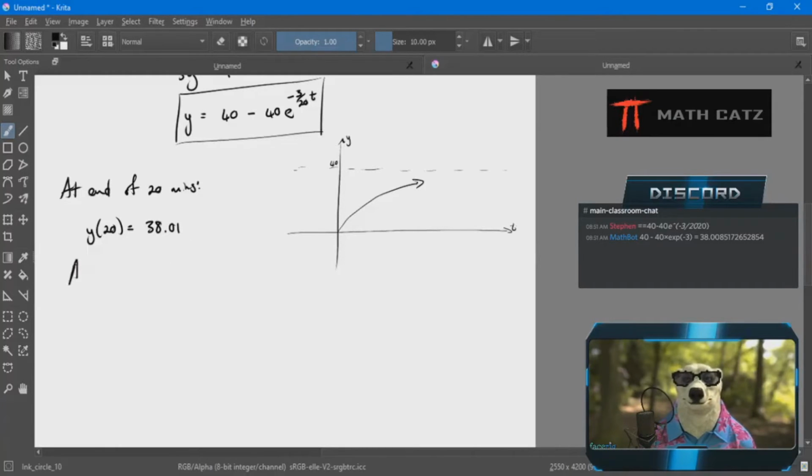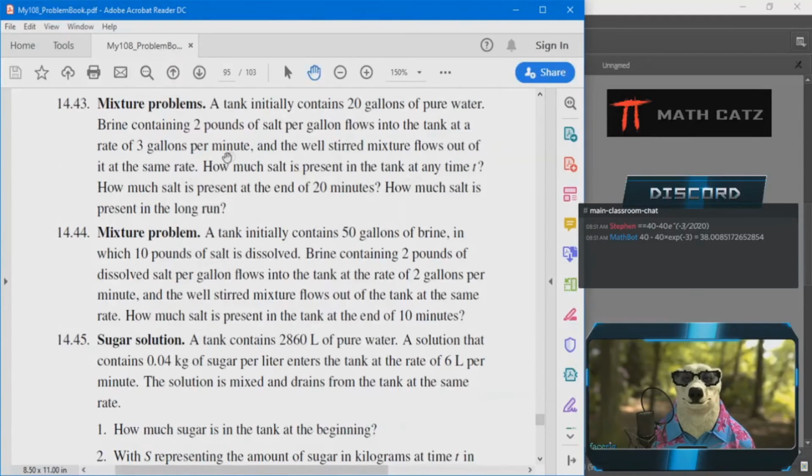So approximately 38 pounds of salt after 20 minutes. So we start with nothing.